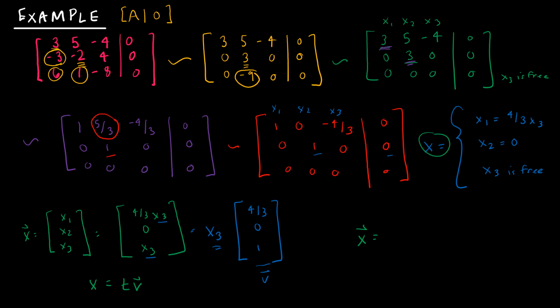And so essentially what I'm saying is that x3 is t, because I want to write it as t v, and that's what I have, is I have now written this in the parametric vector equation form.